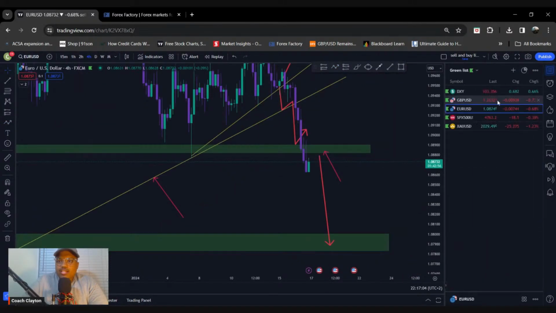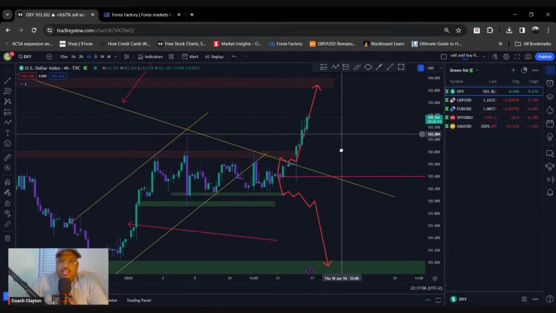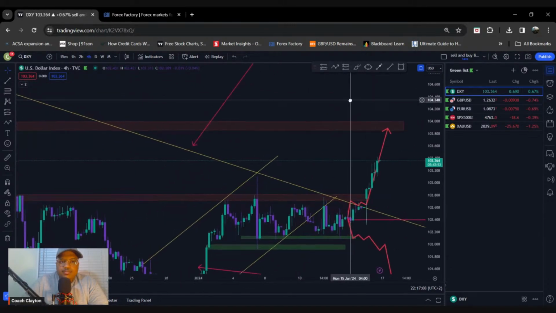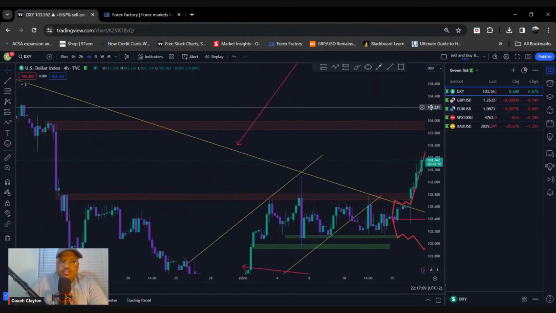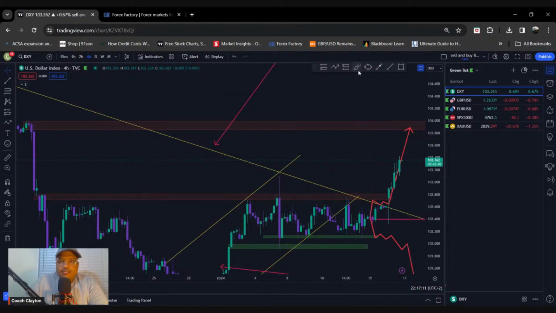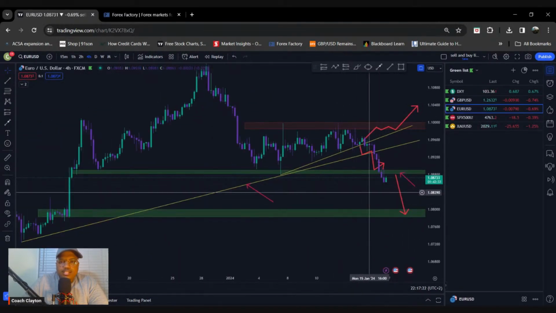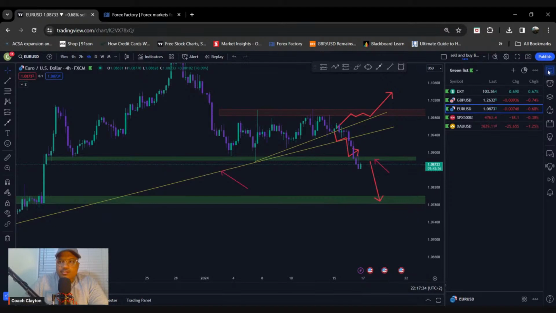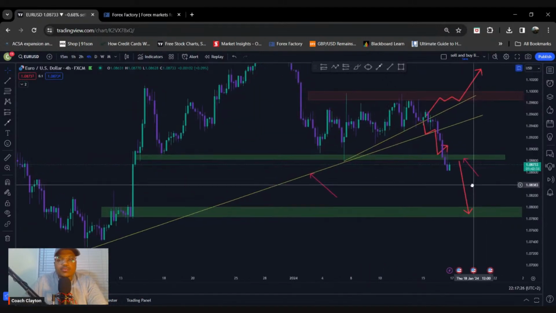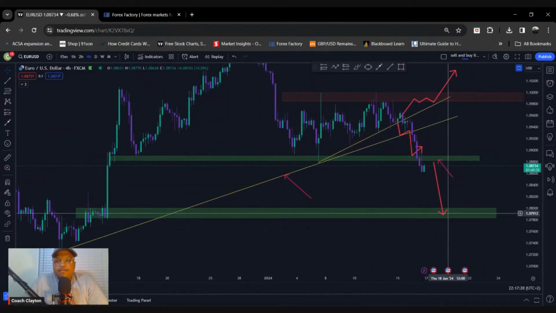And we can correlate that to the Dixie. And if the Dixie will rise up to the supply zone, right? And if we correlate it to the Euro USD, most likely that price action on Euro USD will drop, right?